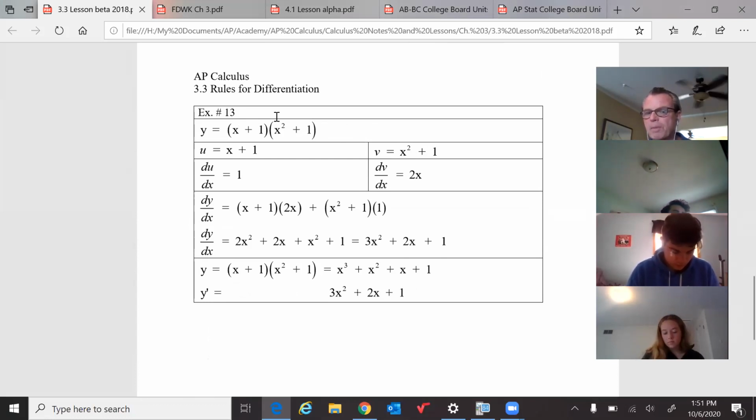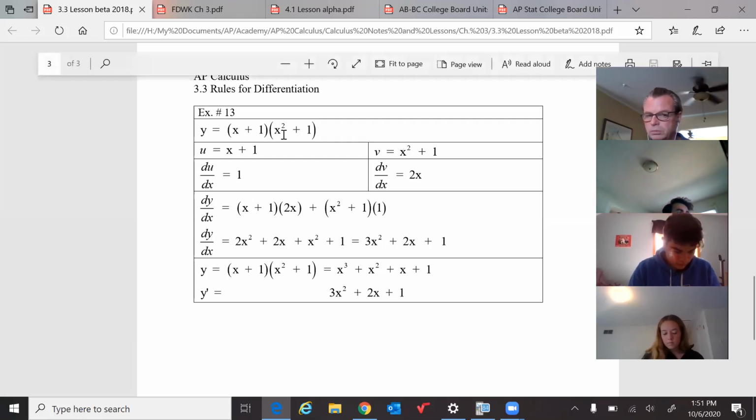So the derivative of the product would be the first term times the derivative of the second term, plus the second term times the derivative of the first term, which you multiply and combine like terms, and it would give you this quadratic, because the original parent graph is a cubic. But if I FOILed this, I'd be here, and I could differentiate that right down here. They match. It's the same thing.